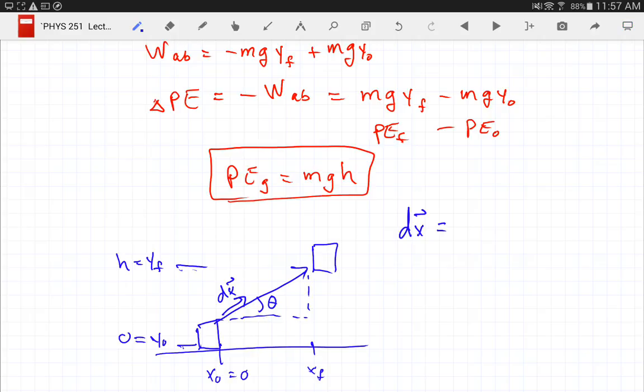Well, for the x direction, it would be cosine, because that's the adjacent side. So I would have cosine theta dx x hat, plus, and then in the y direction, what would I have? Sine theta dy y hat. So that's what I would have for my vector displacement dx, in terms of this component and this component.